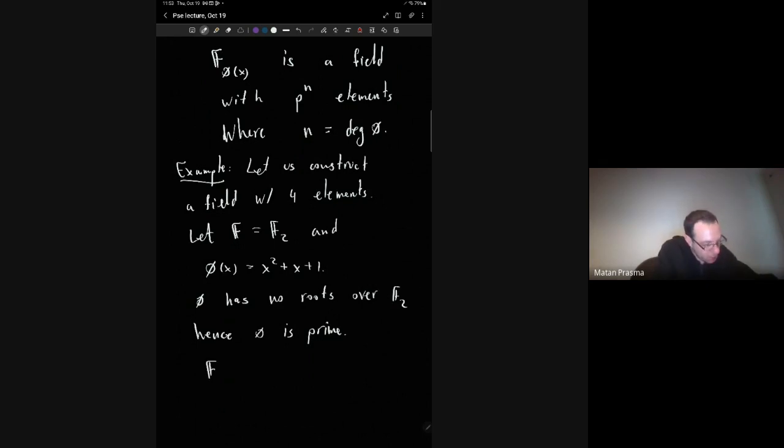Now the set of all possible remainders, F[x] mod phi, is basically all polynomials of degree 1 or less. So it is x plus 1, 1 and 0.